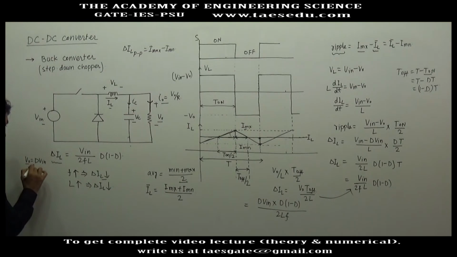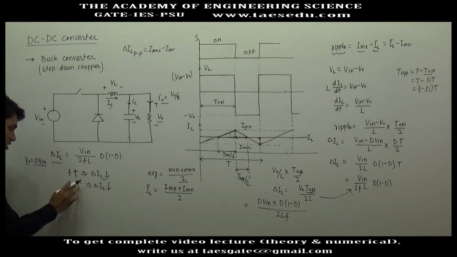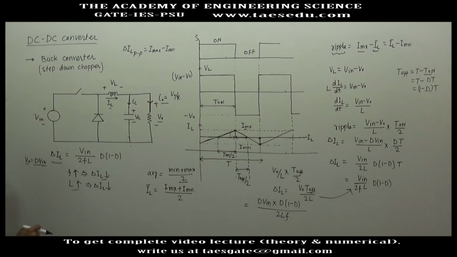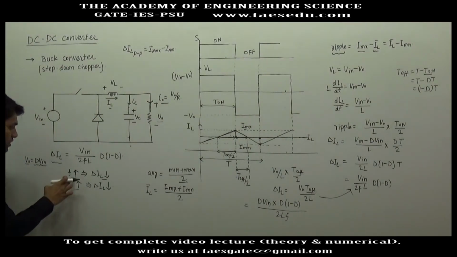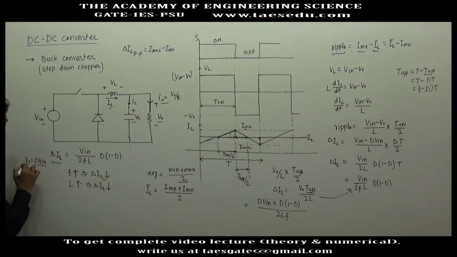Output voltage depends only on duty cycle and input voltage. It does not depend upon the switching frequency or the value of inductance. So if you increase switching frequency or inductance, ripple will decrease and your output voltage will be the same. What is the duty cycle for which ripple will be maximum?